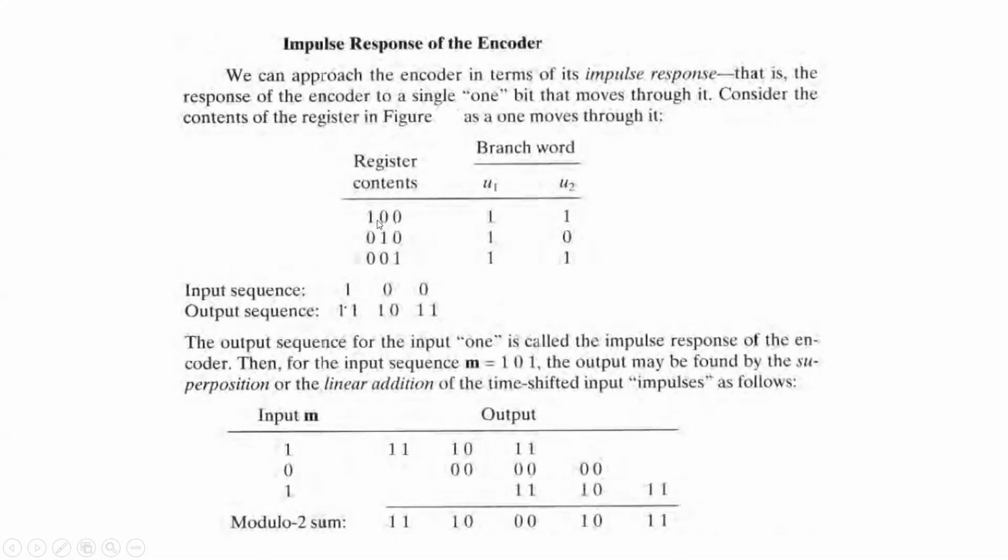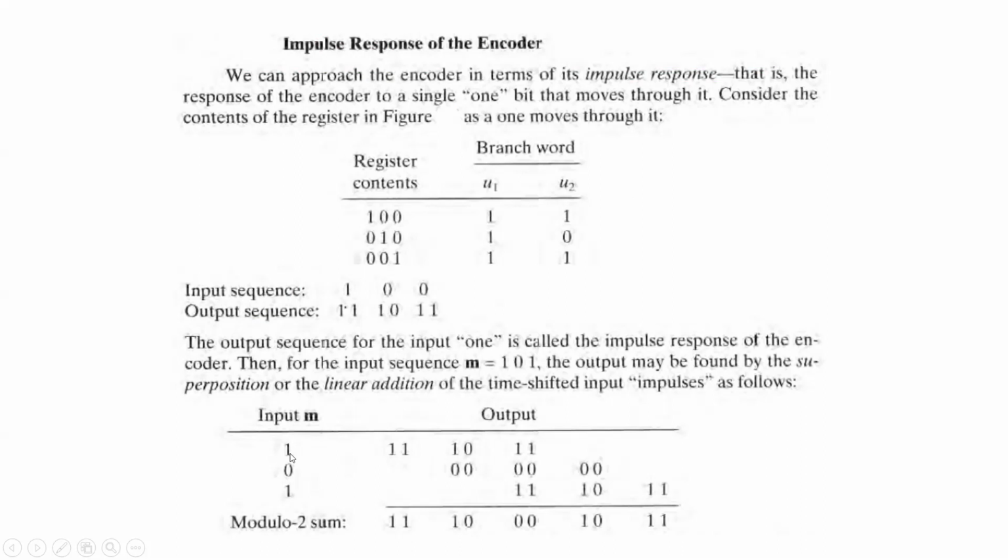That means when the input sequence is 1 0 0, we get 1 1, 1 0 and 1 1. When this 1 moves through all the 3 elements of the register, then these are the branch words. This is known as the impulse response of the encoder. The input vector that we considered in our example was 1 0 1.